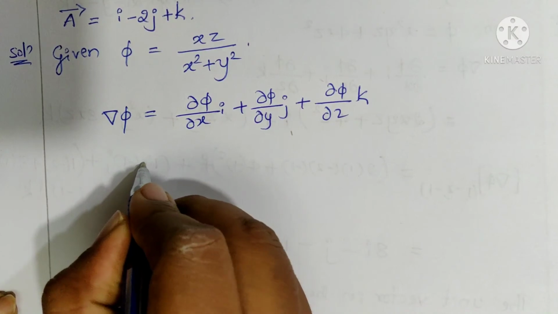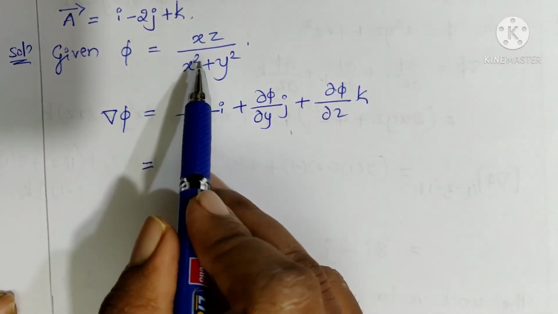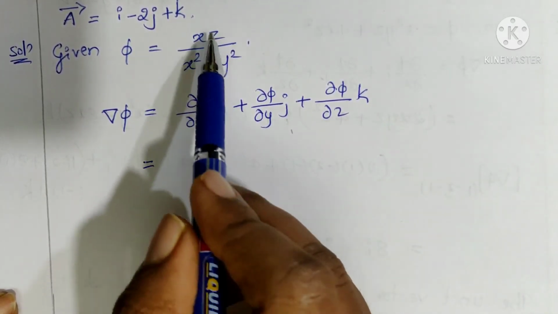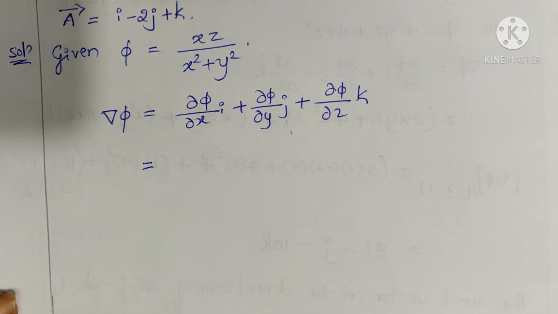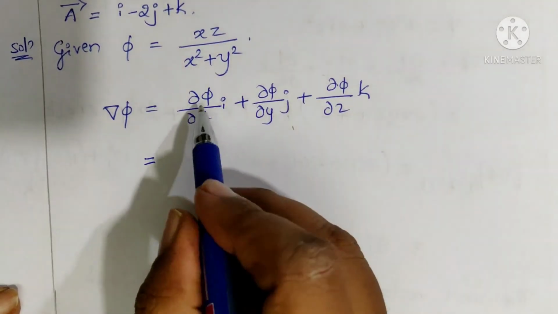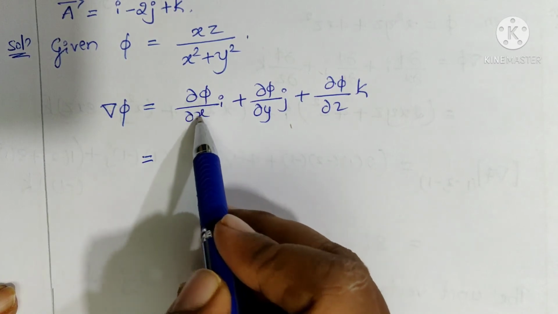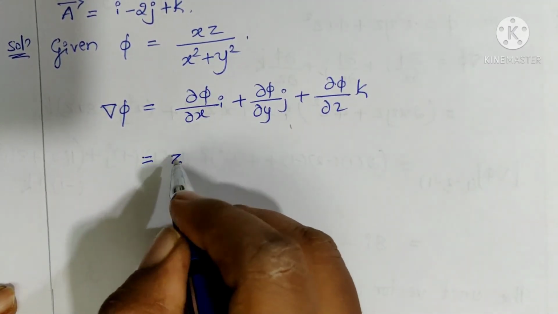So first one, dou phi by dou x. So partially differentiate this. Since you have a u by v form, you have to apply the u by v rule. So dou phi by dou x here. Since we are differentiating partially with respect to x, z is independent, so keep it as it is here.